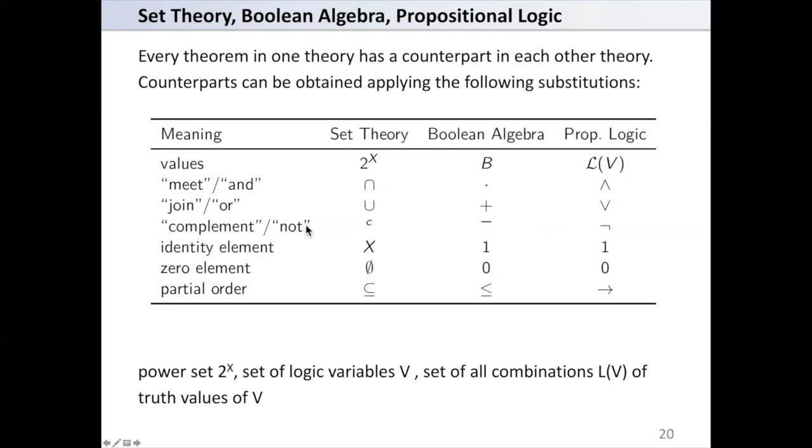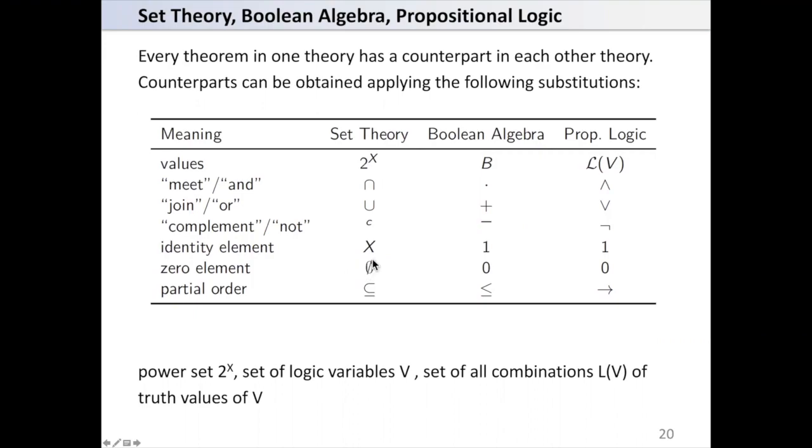Complement or NOT is shown as C in set theory, and this minus in Boolean algebra, or prime is used instead of this one, and this is the complement in propositional logic. The identity element is the universal set in set theory. It is one in Boolean algebra and one in propositional logic.